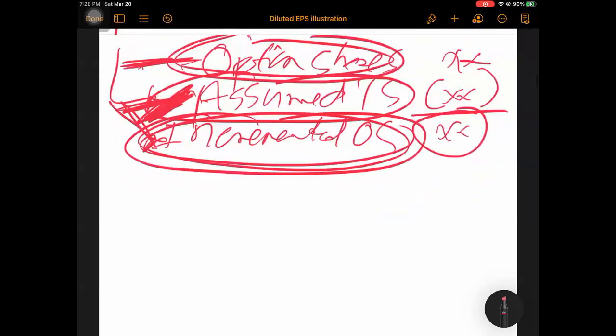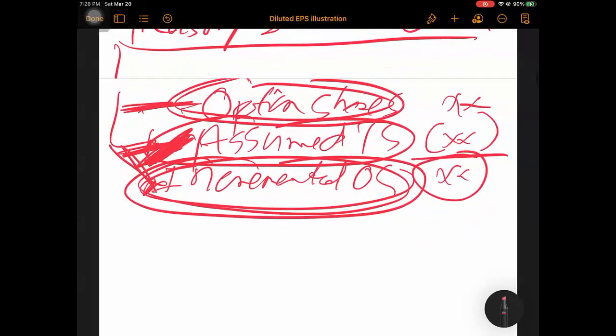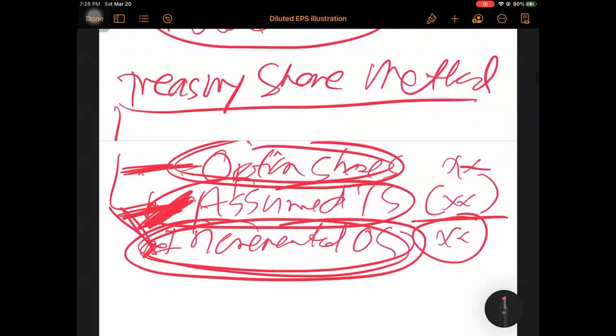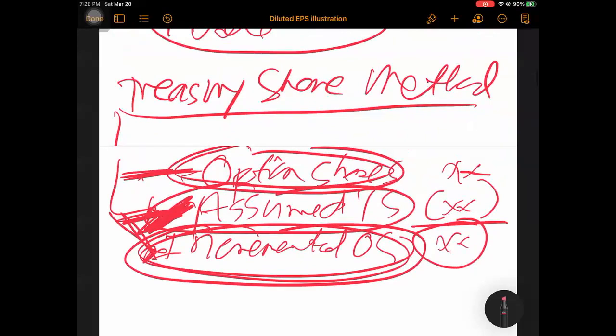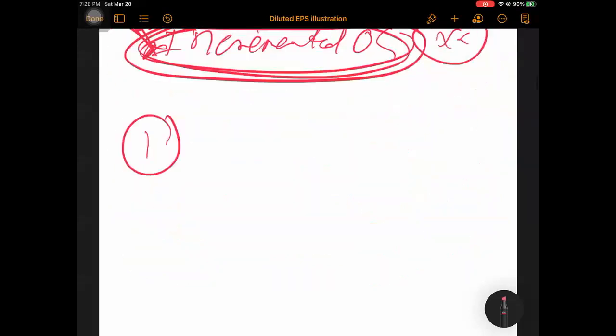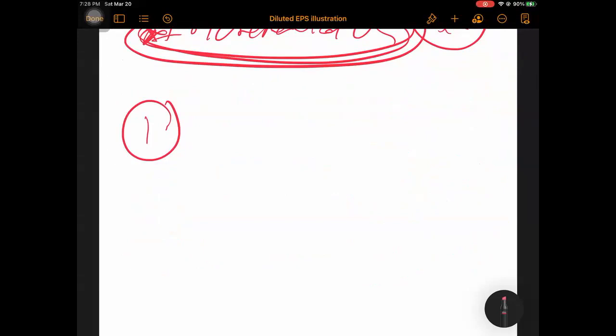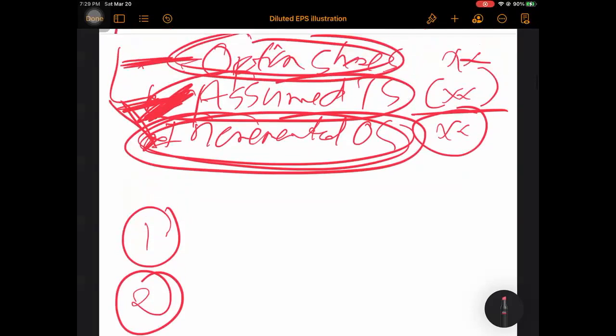Again, under the treasury share method, the first procedure is to assume that the options and warrants are converted into ordinary shares based on the date outstanding, or the beginning, or at the date of issuance. Second, we compute the base amount para basihan sa assumed treasury shares.